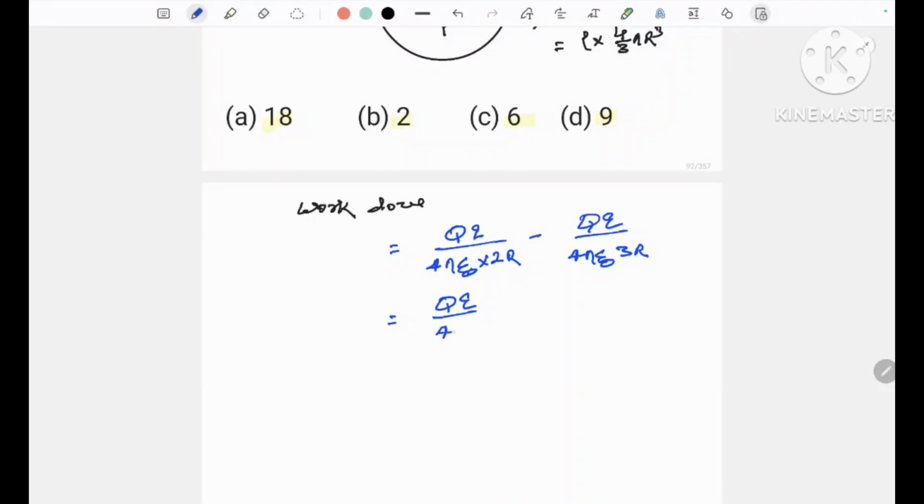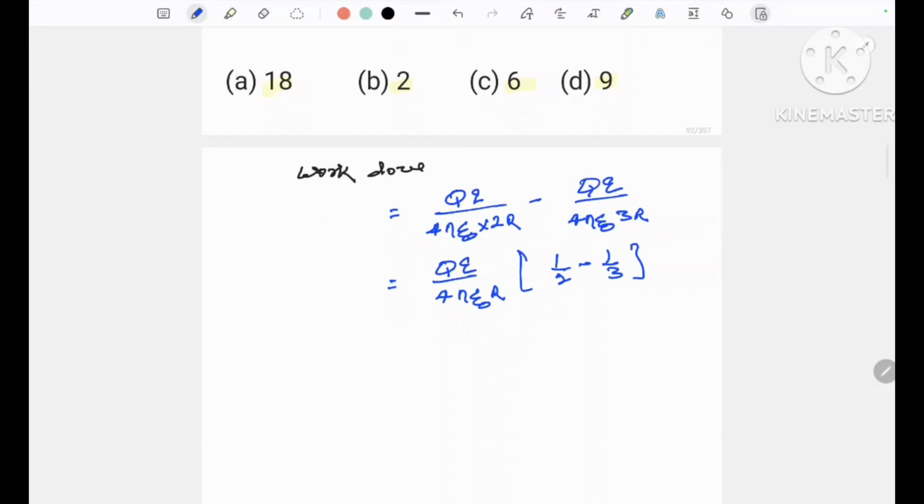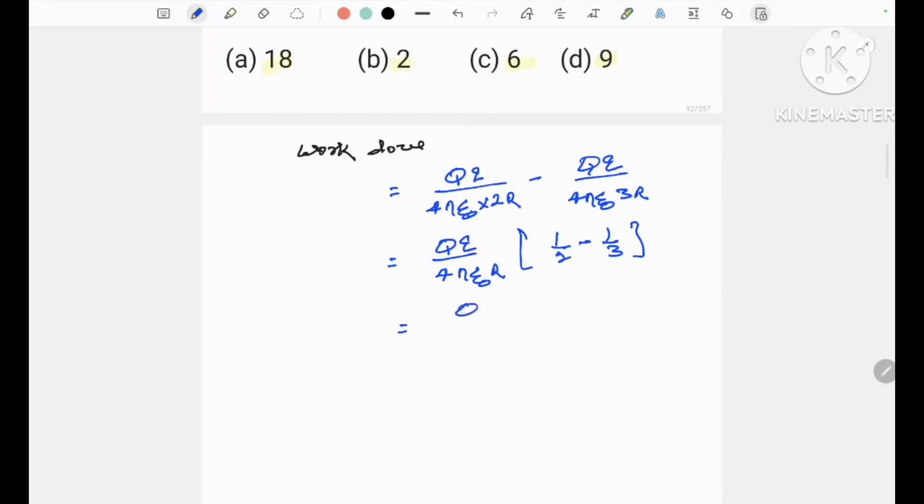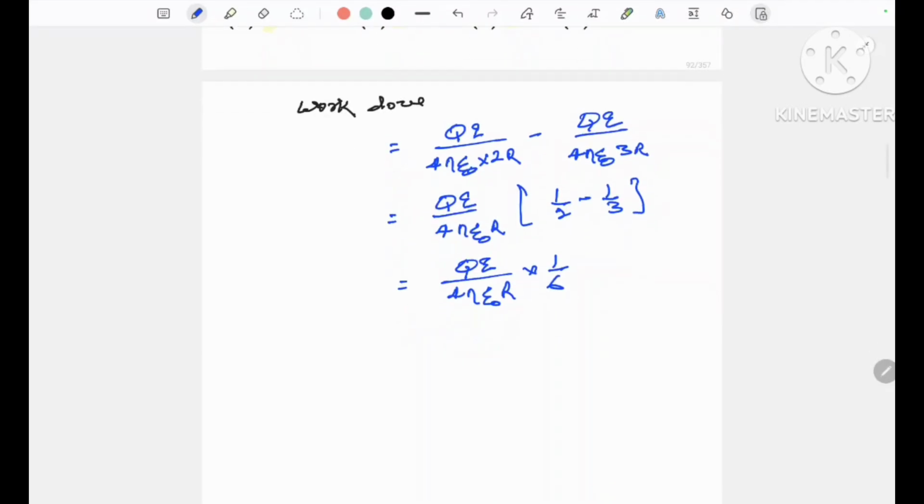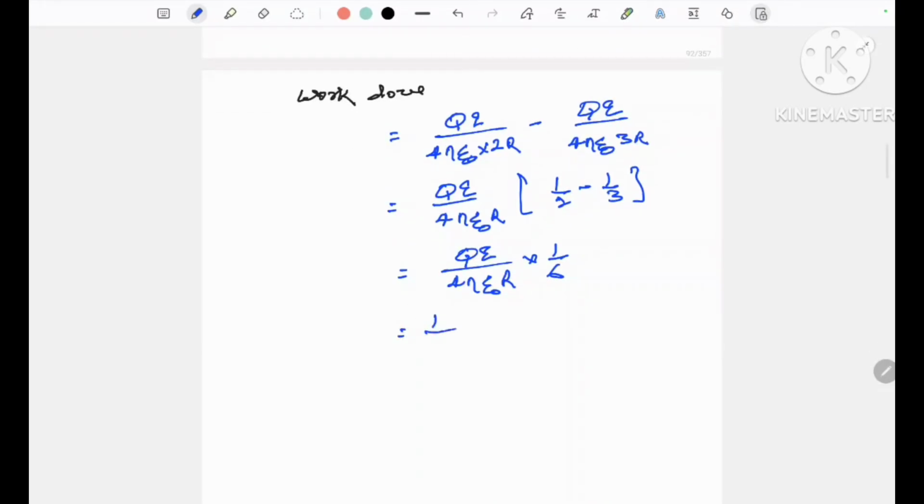Qq by 4 pi epsilon dot r, 1 by 2 minus 1 by 3, Qq upon 4 pi epsilon dot r into 1 by 6, 1 by 24 pi epsilon dot r.